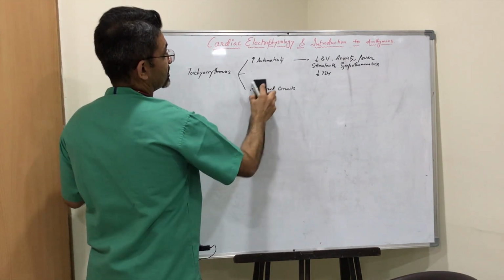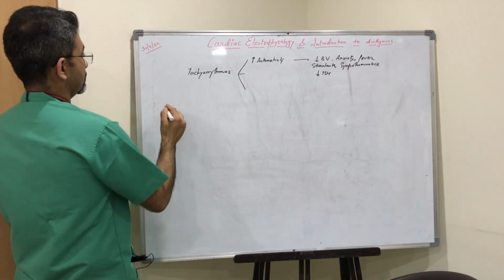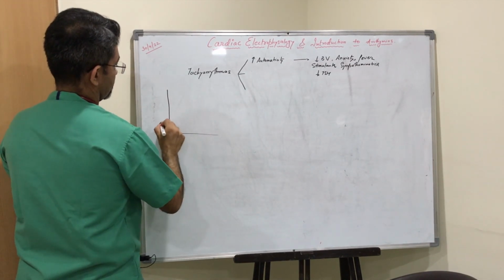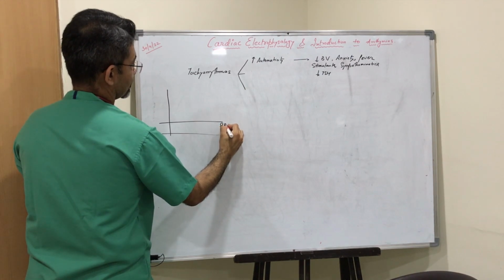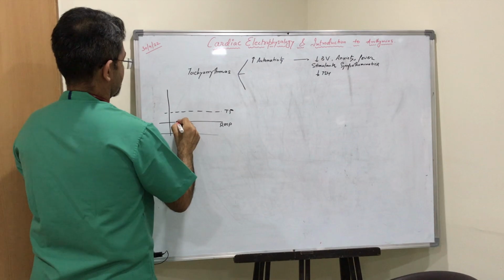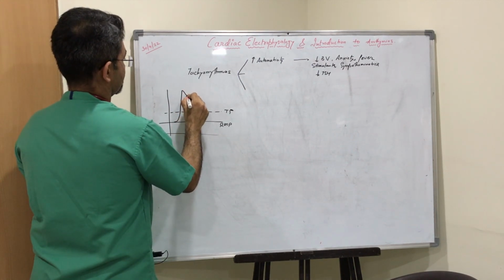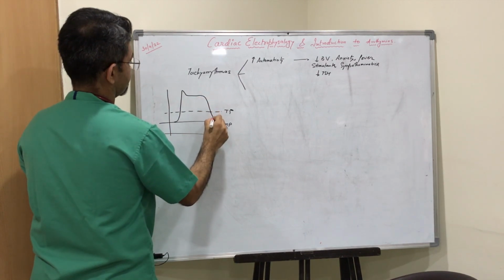Now triggered activity, as we discussed earlier, this is your resting membrane potential, this is your threshold potential. The graph goes like this, down, plateau, goes down like this.